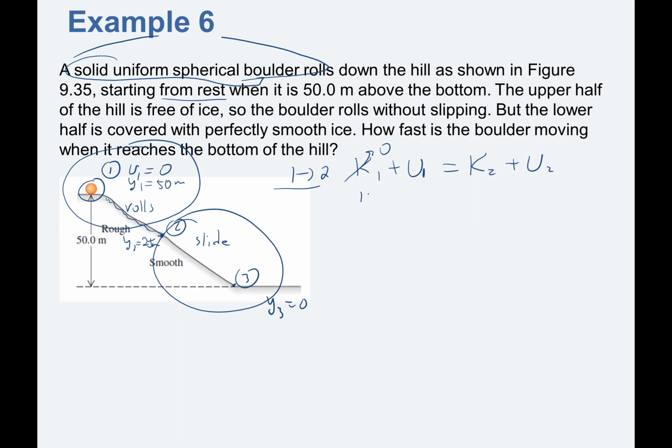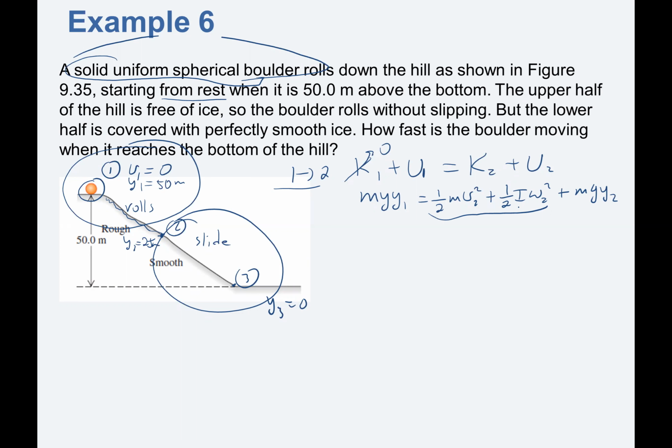That means what I get here is this: mgy1 equals 1/2 m v2 squared plus 1/2 I omega2 squared, plus mgy2, because there is a rotational component. This is my kinetic energy at point 2, both rotational and translational.